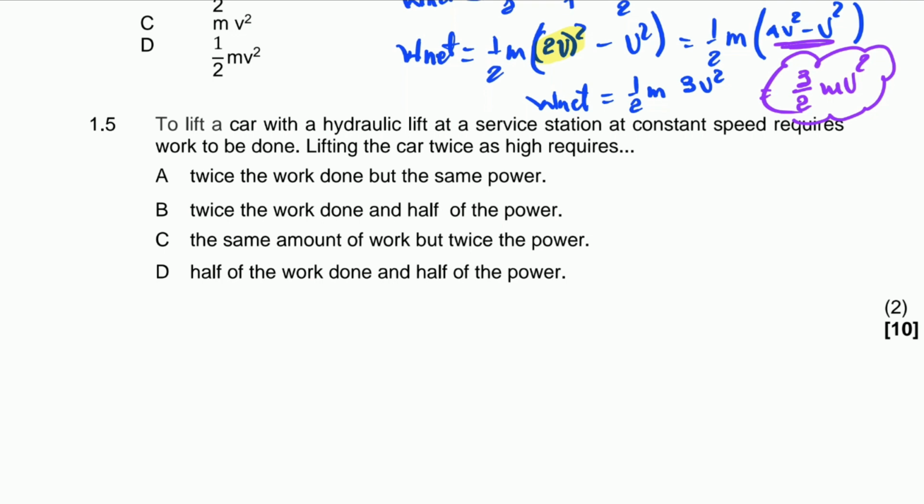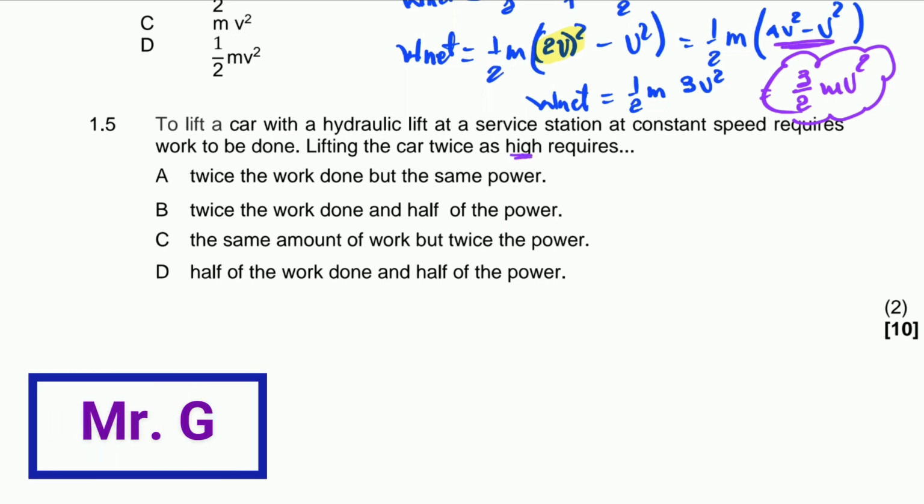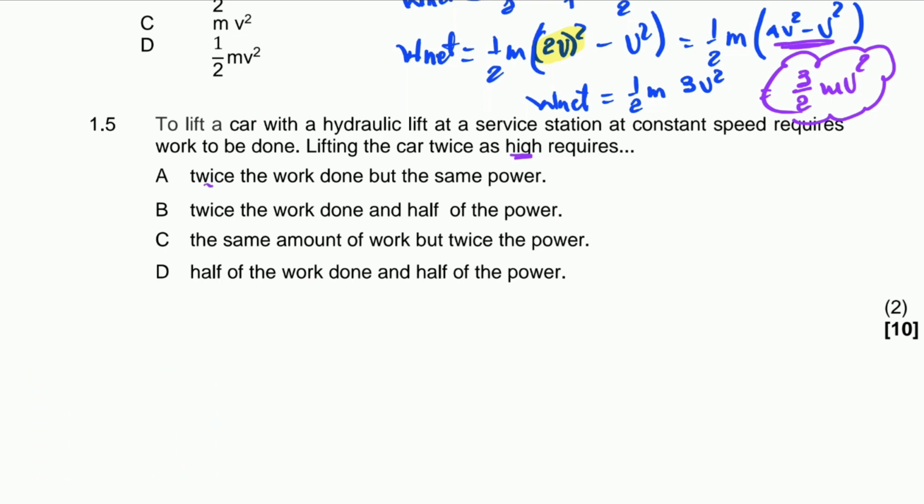Obviously, if you increase the distance to twice the height, the work done by that force must also be twice. So we have 2 options here, A and B, that say twice the work done. The first one says twice the work done by the same power, and the other says twice the work done and half the power, which is not correct. You need the same power, and therefore the answer for 1.5 is A.